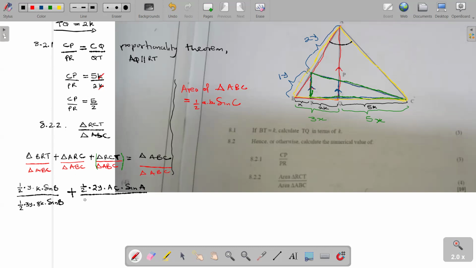area of triangle ABC is going to be half. But take note here, we are now going to use A as our included angle.